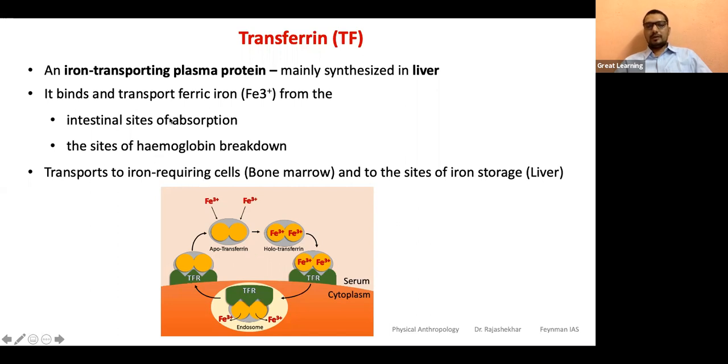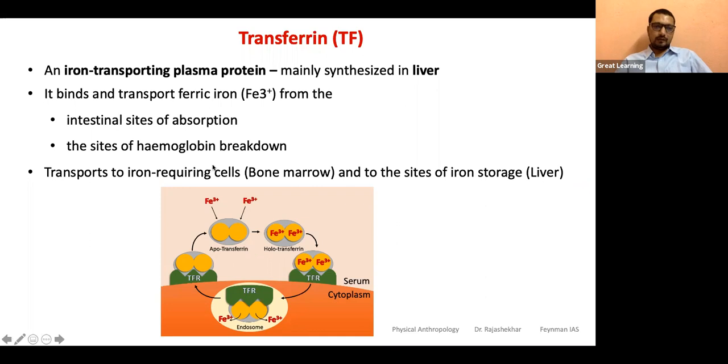So this is a common source where iron is found, to which transferrin normally binds. And also where RBC gets lysed, like in the liver and the spleen, where we recycle RBCs. In the process, we also release hemoglobin and iron. We also have transferrin present in those regions to capture the iron.